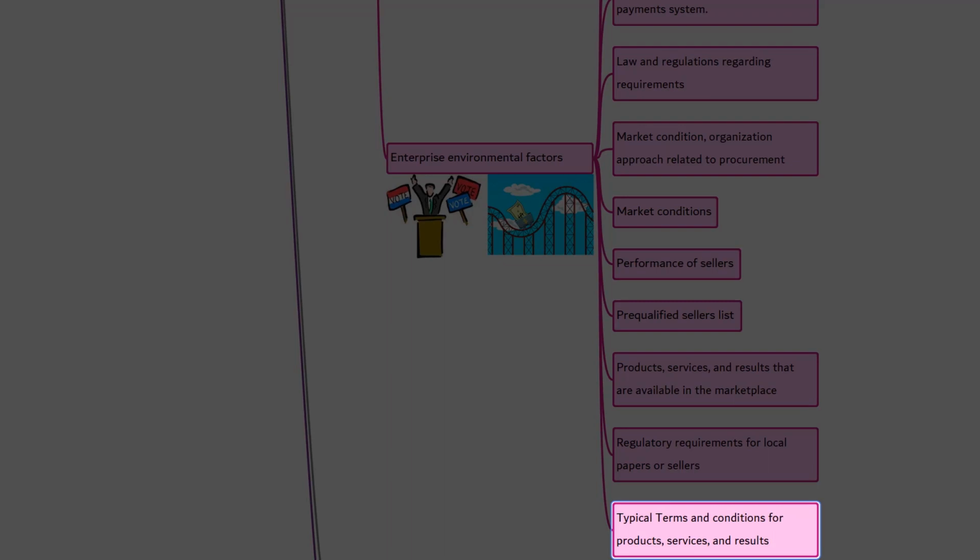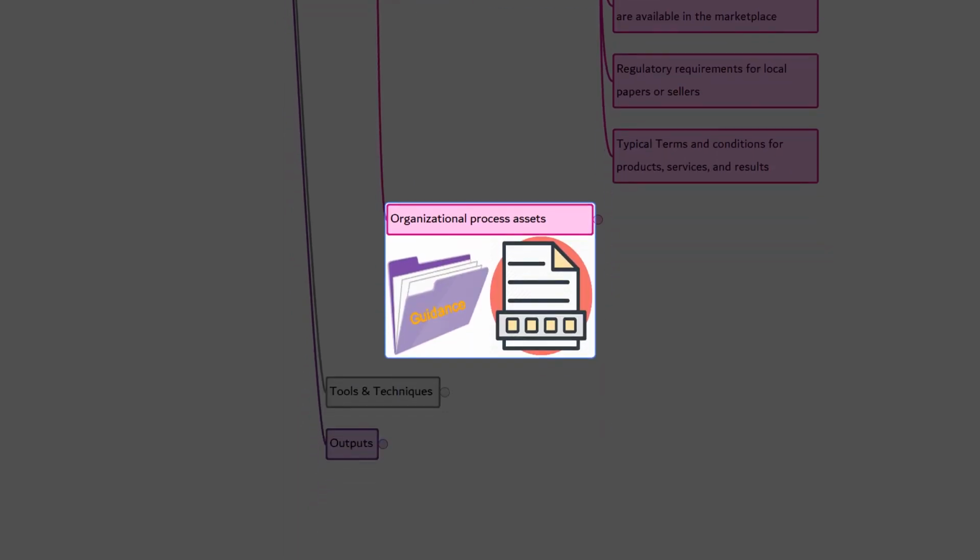These are some of the key enterprise environmental factors considered as inputs. The seventh and final input is organizational process assets.